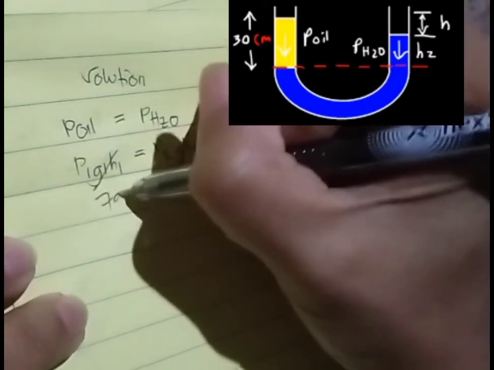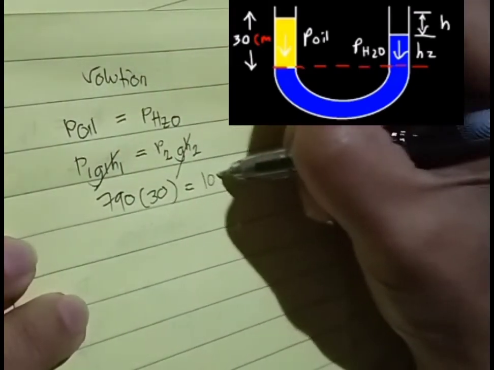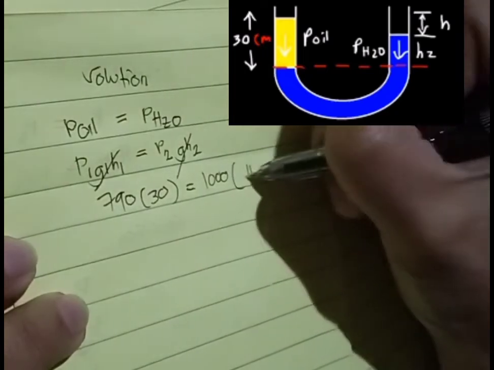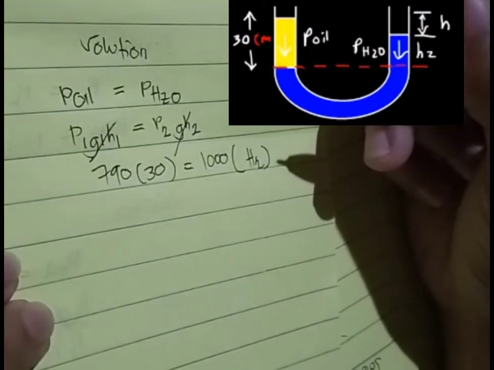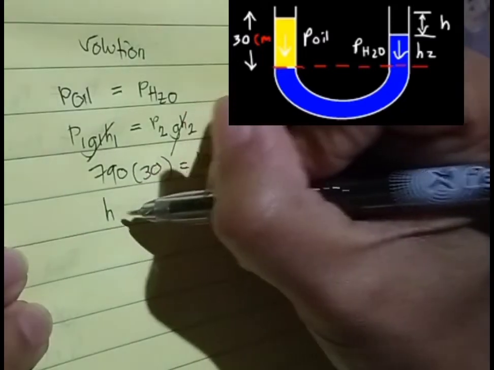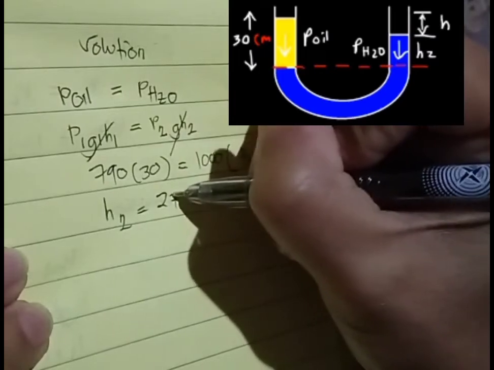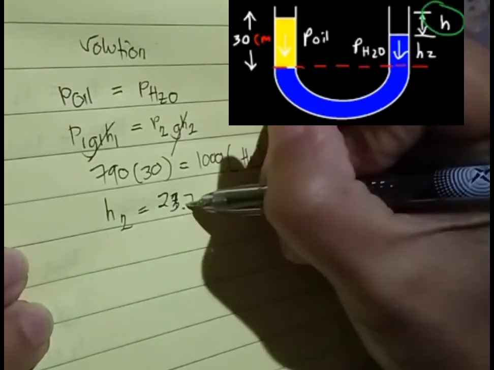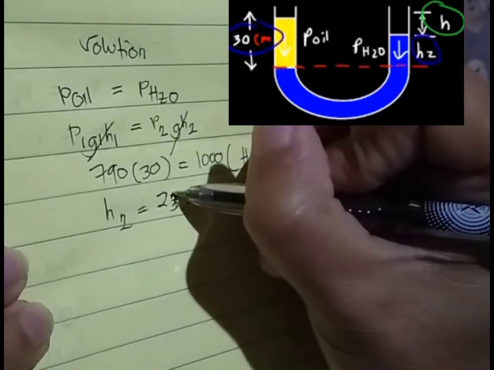That is density times gravity times height. The density of the oil is 790 and the height of the oil is 30 cm. The density of the water is 1000, so let's calculate H2. It's 790 times 30 divided by 1000. So H2 is 23.7 centimeters.